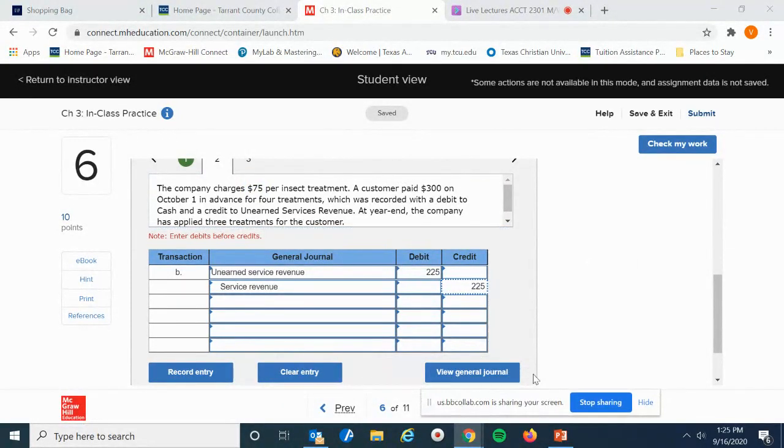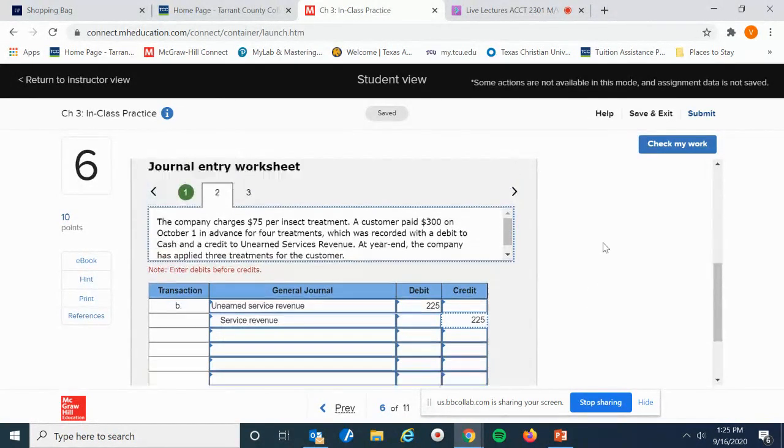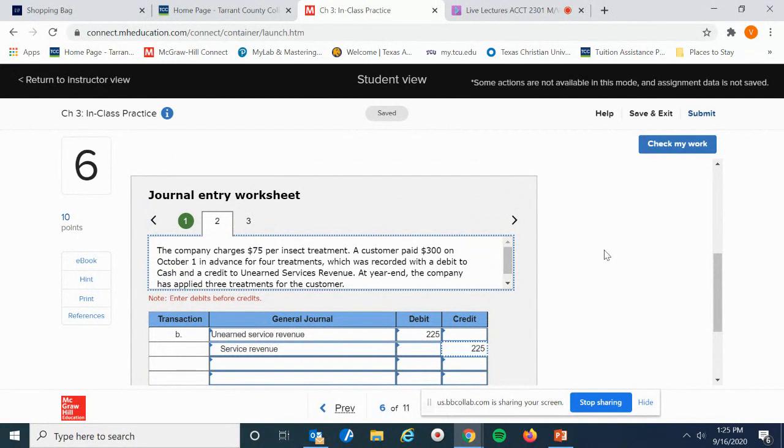So again, this is an example of a deferred revenue. Deferred revenue or unearned revenue gets adjusted for the portion of it that gets earned during the period. Okay, do you have questions? If you don't have questions, I'll go forward, and if you do, I'll address them now.